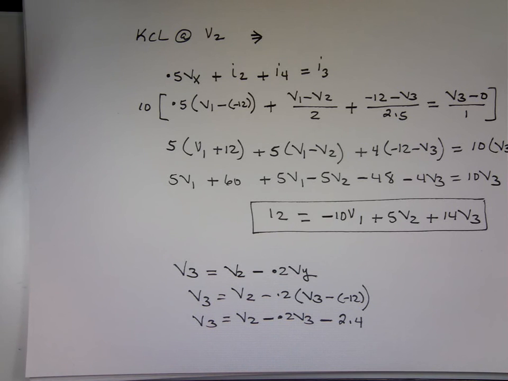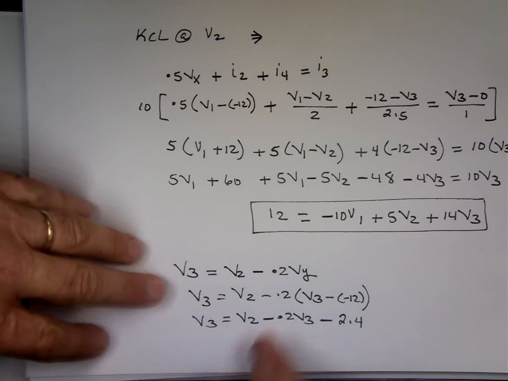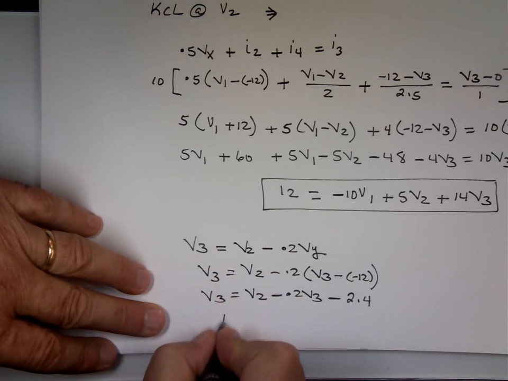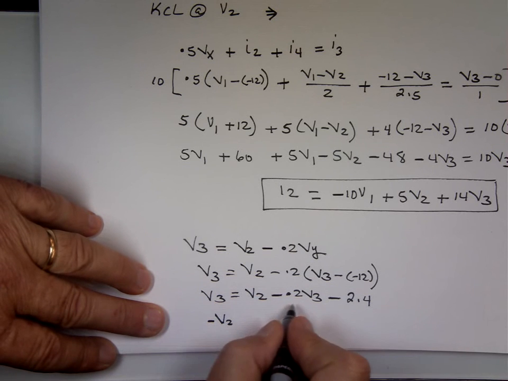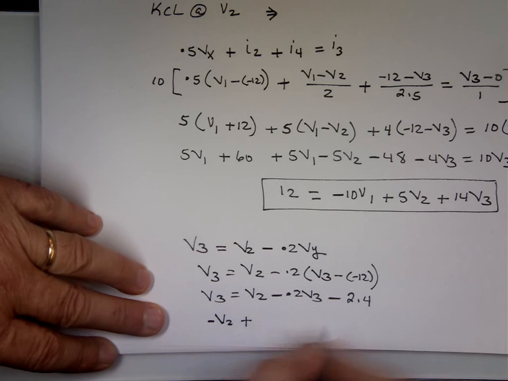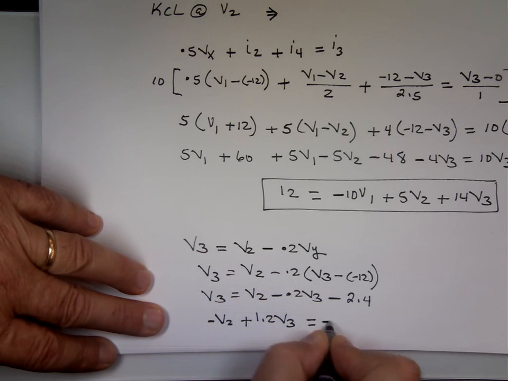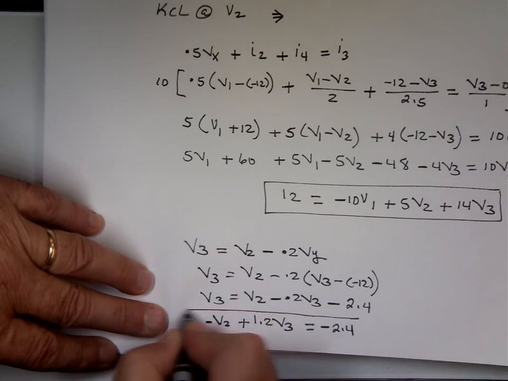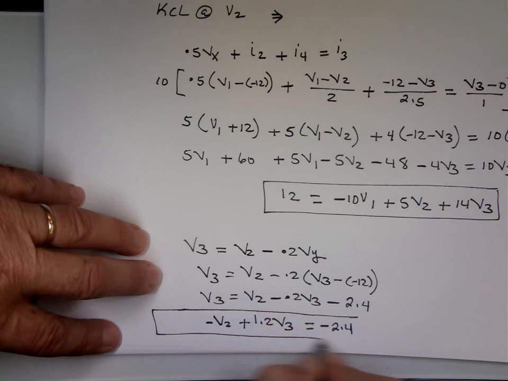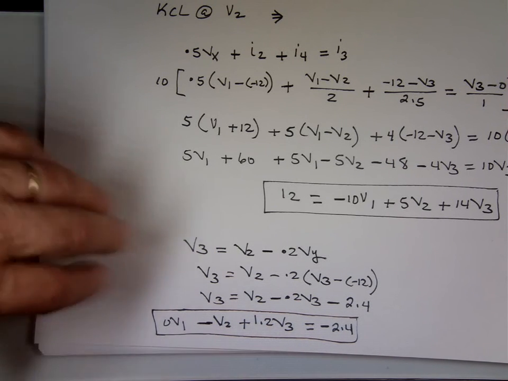Let's move everything to one side. You have negative V2 plus 1.2 V3 equals negative 2.4. Notice there is no V1. So if I'm going to be using my calculator, I should write maybe 0 V1, because I'm trying to have V1, V2, and V3 in every equation.